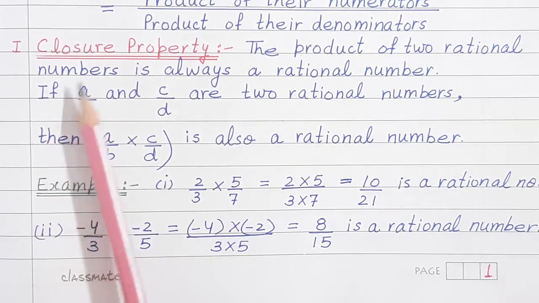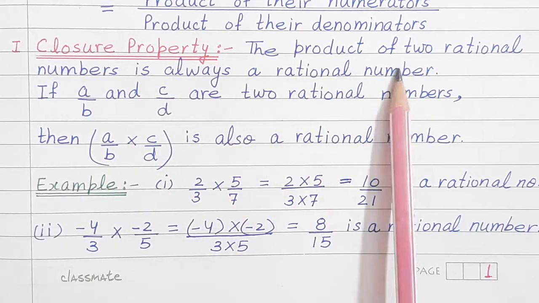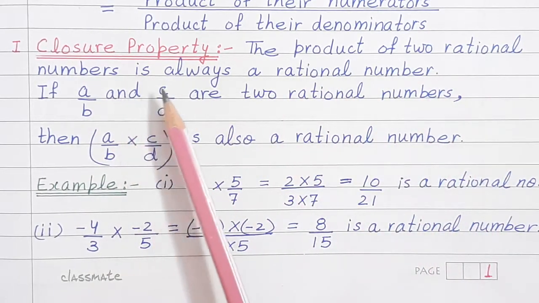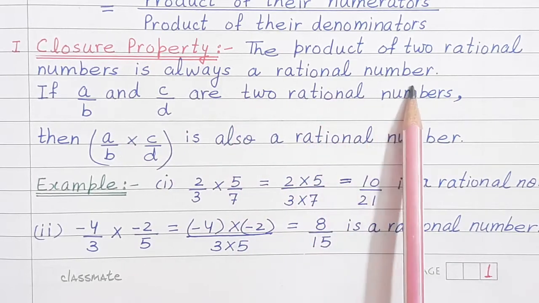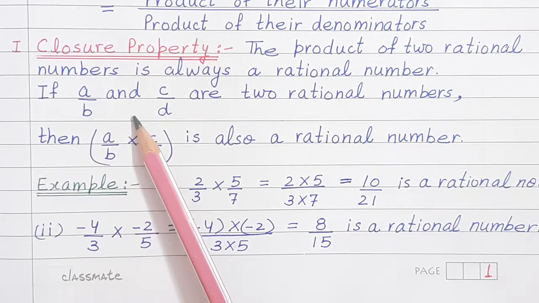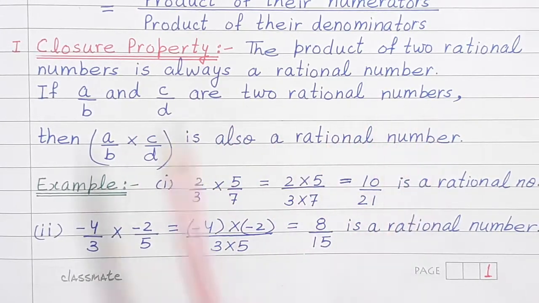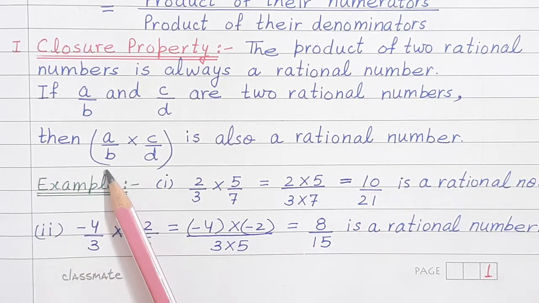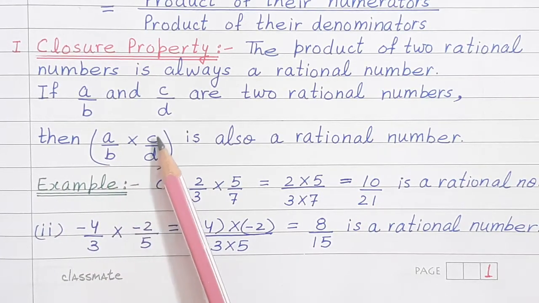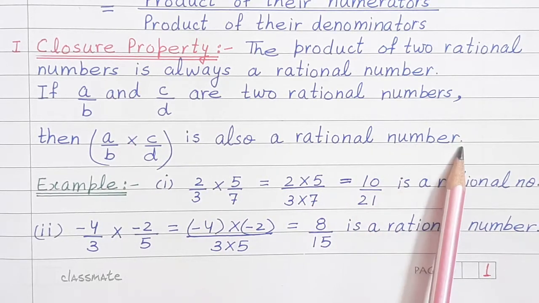Now, see, the first property is closure property. The product of two rational numbers is always a rational number. If a upon b and c upon d are two rational numbers, then a upon b multiplied by c upon d is also a rational number.